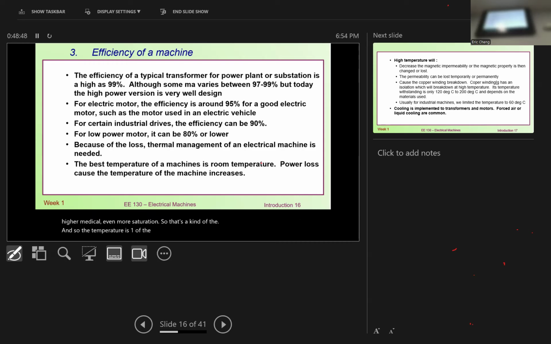That's why we tend to operate a motor in a controlled environment. For instance, an air-conditioned room or a data center tends to have air conditioning to control the equipment so that it doesn't overheat. That's why operating temperature matters. If you only use natural cooling on the machine or motor, you may end up with overheating.